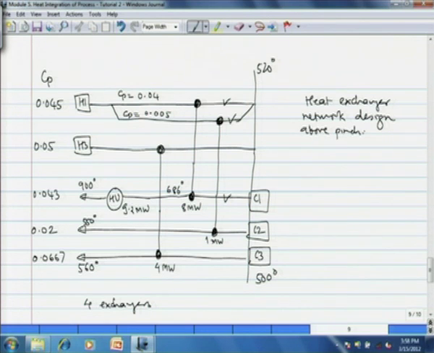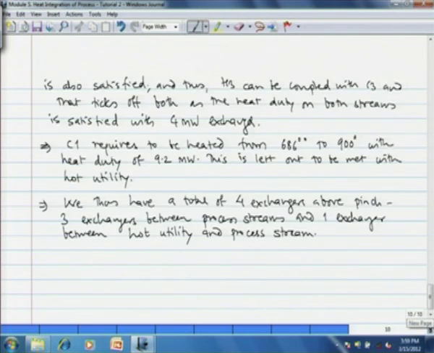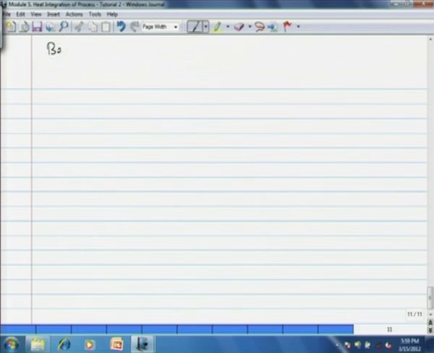Now, for the below pinch region, we again draw a stream population diagram, and then we shall see what are the heat sources, what are the heat sinks.